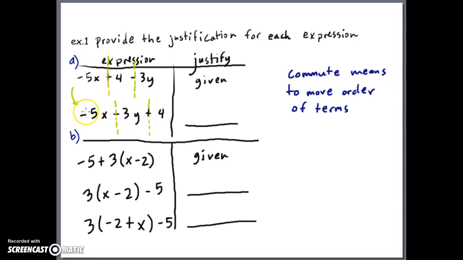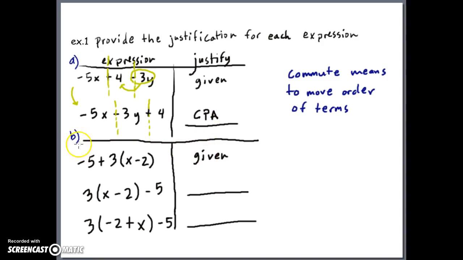The negative 5x stayed in the same exact location, but you can see this minus 3y was commuted in front of this positive 4. The signs of the terms did not change. The terms themselves, the factors within the terms, did not change. Only the order did. So we can say this is the commutative property of addition.